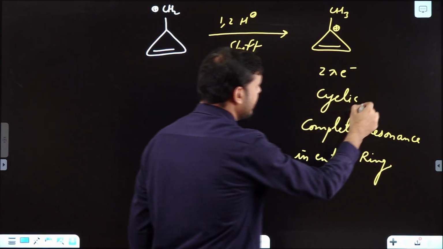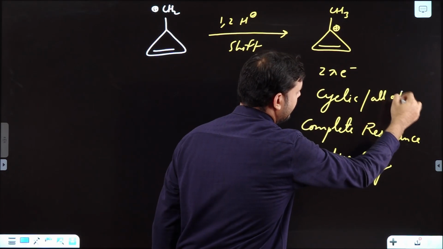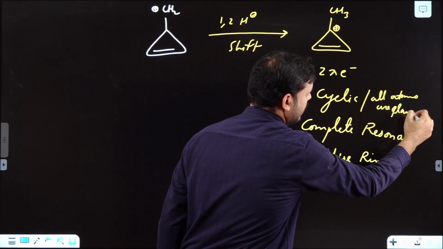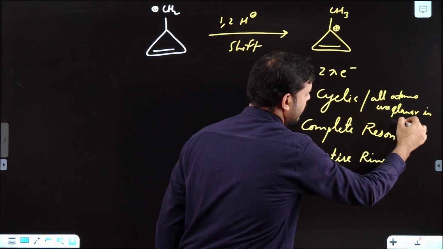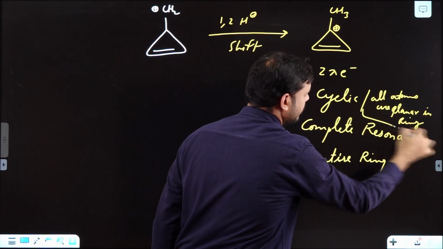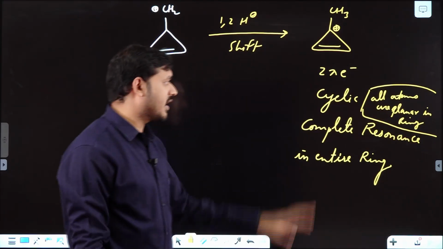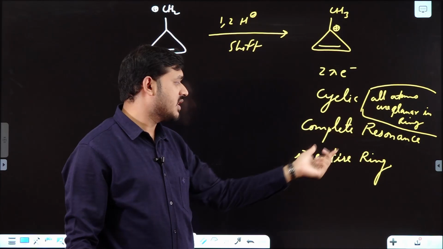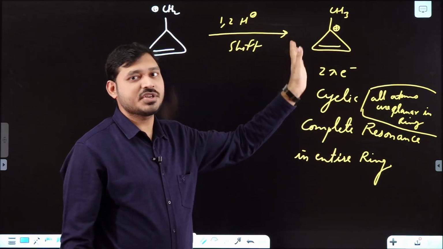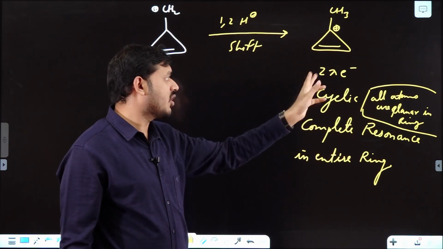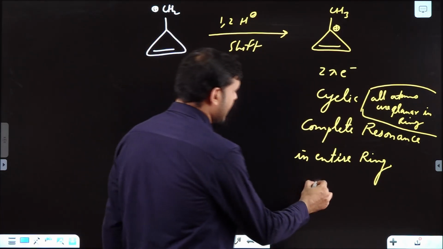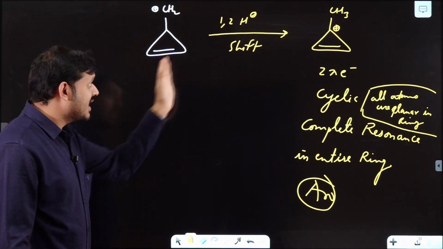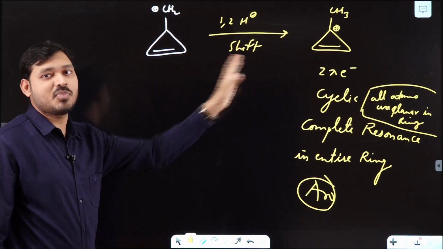See, it is cyclic, all atoms are planar, inside the ring I am telling, okay. Cyclic, planar, all atoms sp2 hybridized, complete resonance in the entire ring, complete delocalization of pi electrons, 2 pi electrons, so it is aromatic. So students, in this case hydride shift is possible.